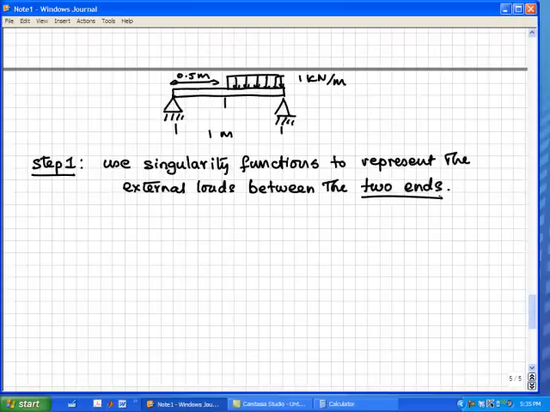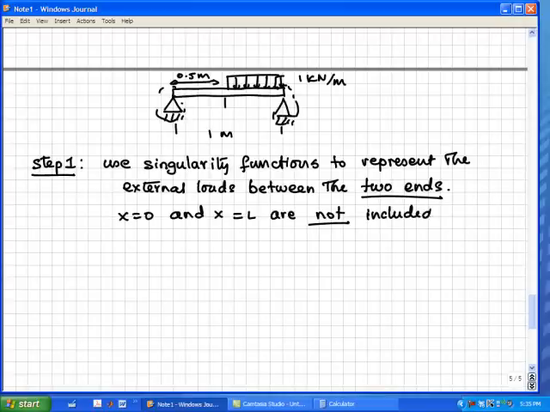This is a very critical idea, so I want to make sure that I am not including this and I am not including that. The two corners, the tips of the beam, are not included. The x equal to 0 and x equal to L are not included. This is different from the way the book does it.